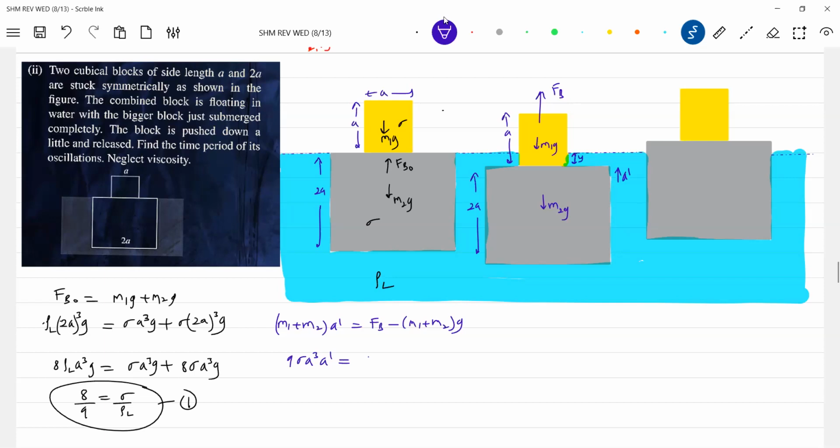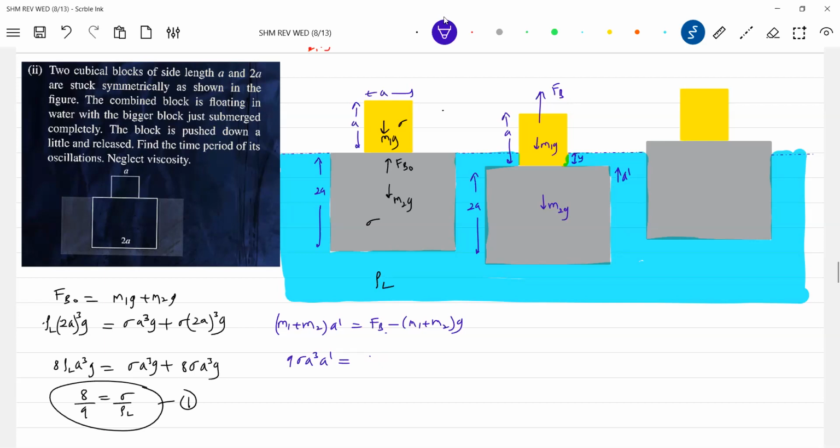What is the buoyant force? FB minus M1 plus M2, this will become additional buoyant force. Additional buoyant force, how much should it be equal to? Rho L A square YG. Will I agree? I'm writing directly, or okay, I'll write it.